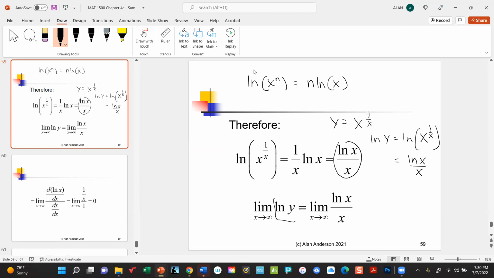We're taking the limit of log y. Let's not forget about that, because that'll affect the results. So this is the limit as x goes to infinity of log x over x. Now, direct substitution, as we've already seen, gives infinity over infinity, which means now we can use L'Hopital's rule.